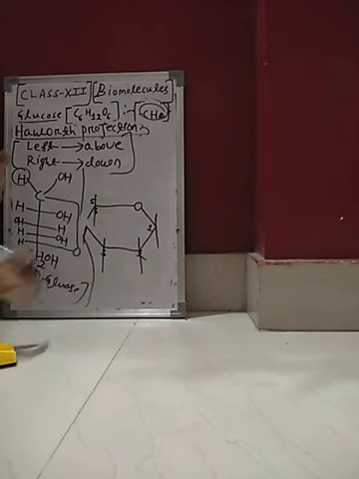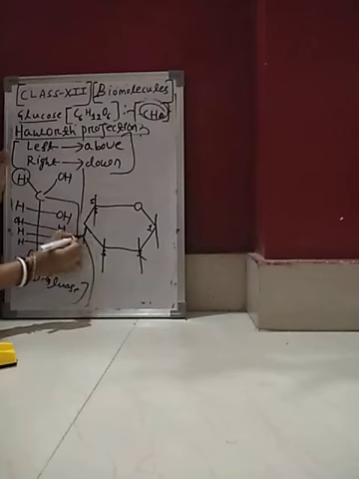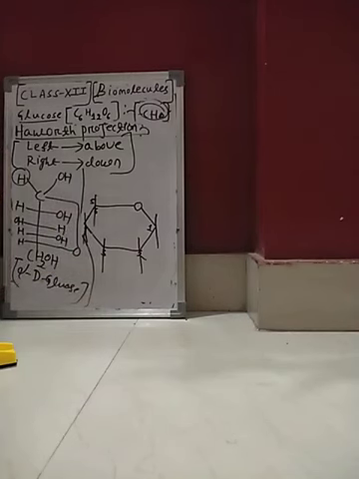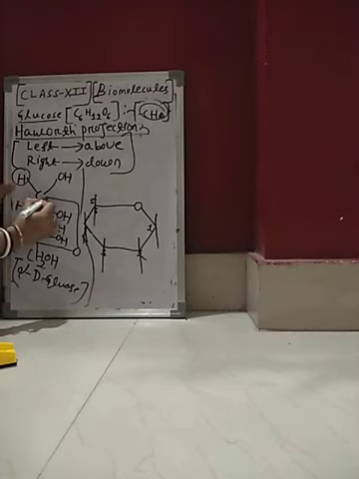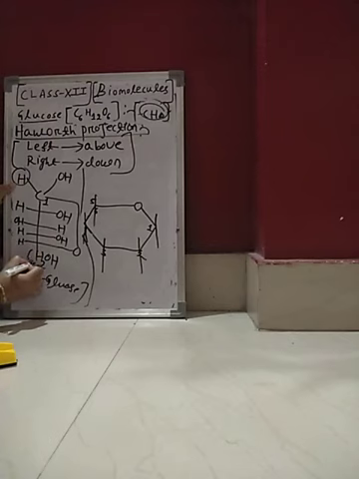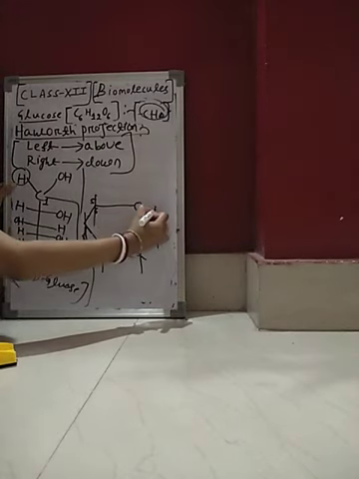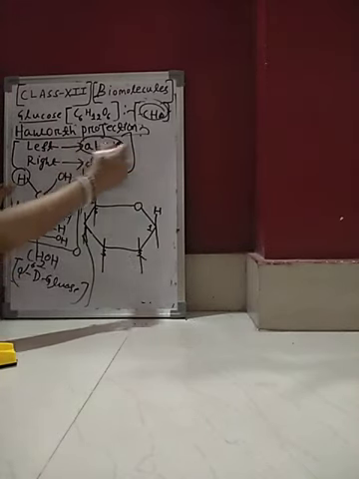So how can I draw the structure here? Please see it carefully. In the Haworth projection, this is carbon number 1, this is carbon number 6. In carbon 1, what will be present on the left side? Hydrogen. So I will put hydrogen here, left above.